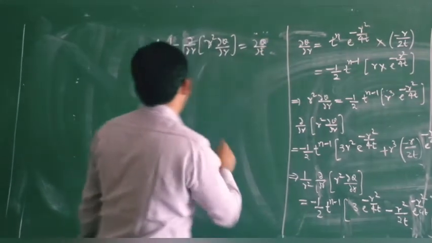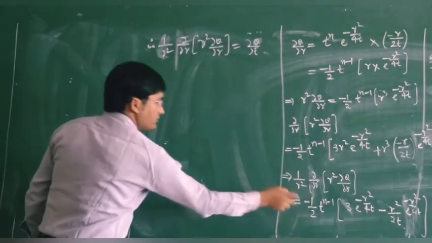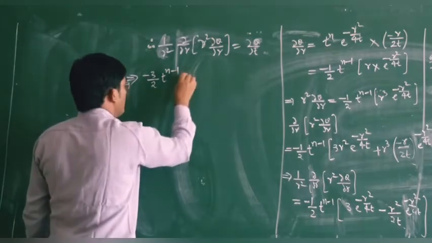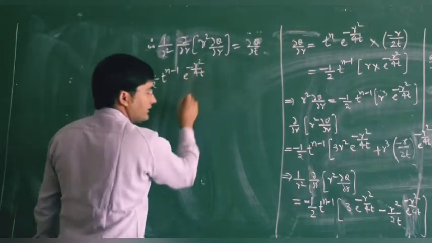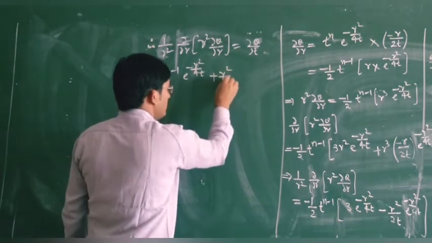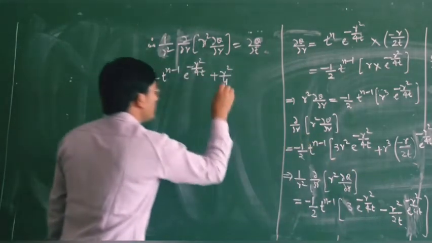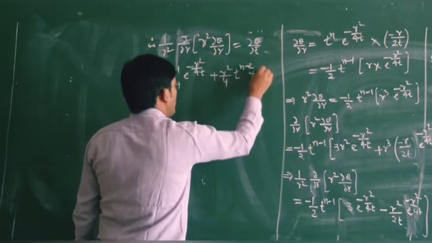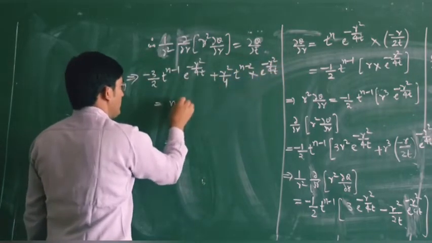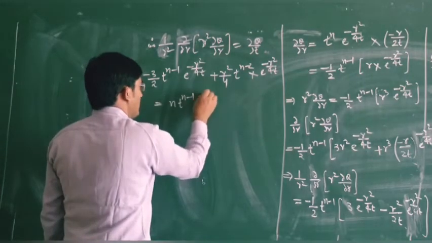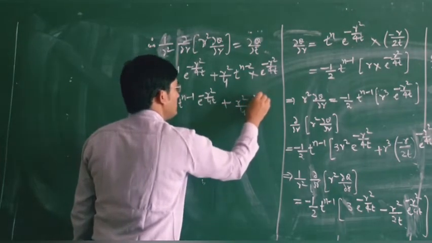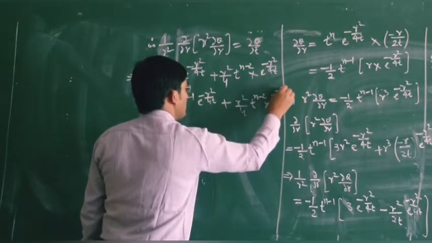Implies, so the first term here is -3 by 2 t^(n-1) into e^(-r²/4t), and the second term is minus minus plus r² upon 4, and then if you take this t in the numerator, then we will have t^(n-2) into e^(-r²/4t), and your ∂θ/∂t was n into t^(n-1) e^(-r²/4t) plus r² upon 4 t^(n-2) into e^(-r²/4t).